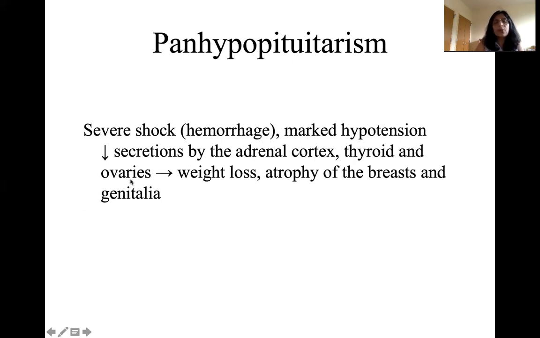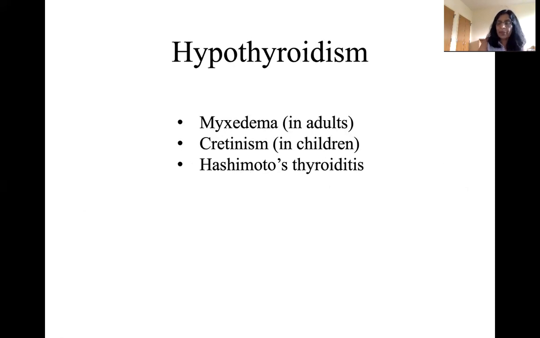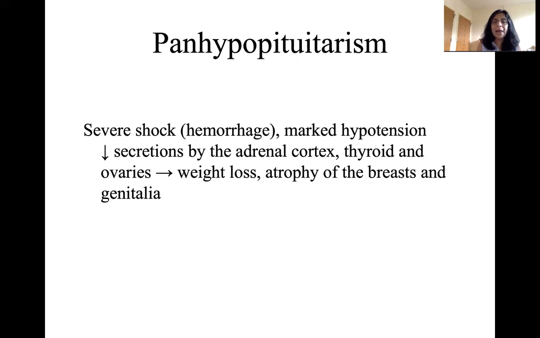Thyroid is affected, ovaries are affected, the testes are affected. Then weight loss, atrophy of the breast and genitalia are just a few things to list, but there are many more due to panhypopituitarism to expect.